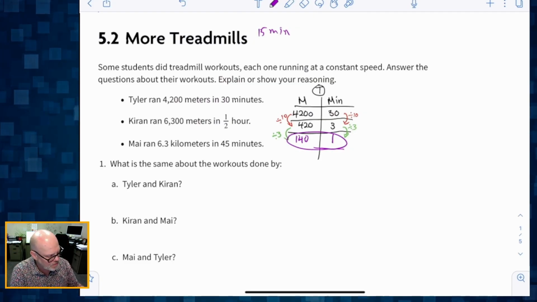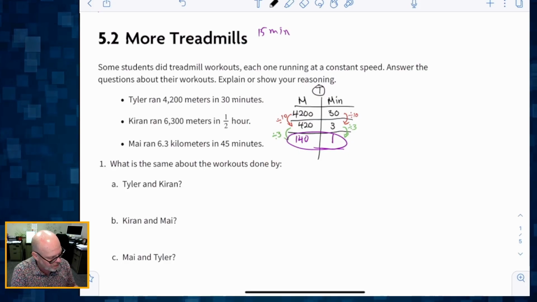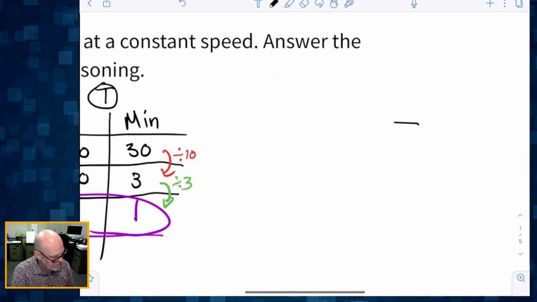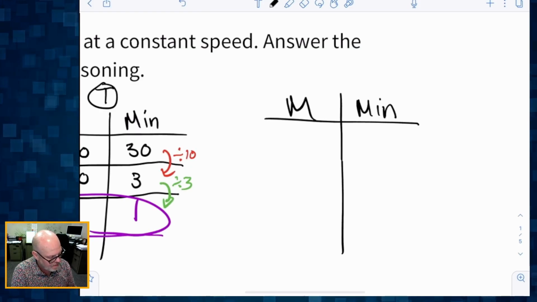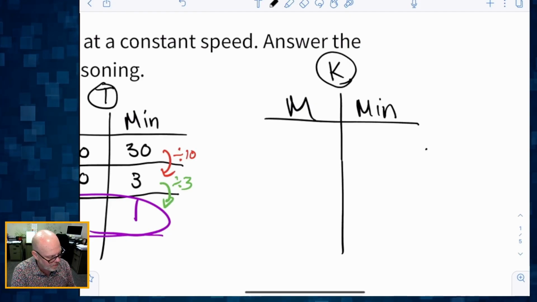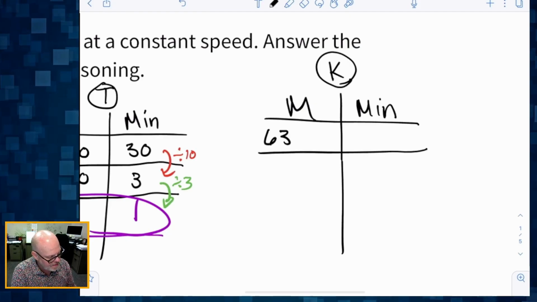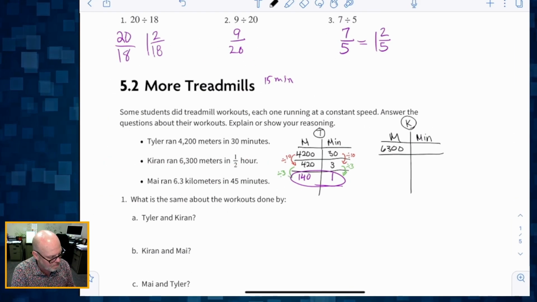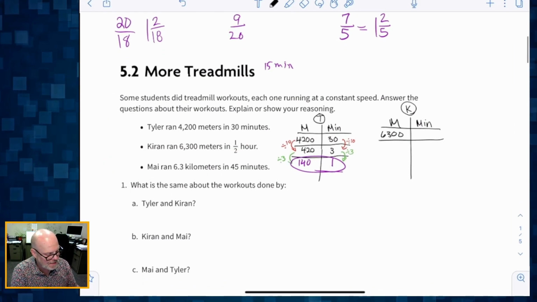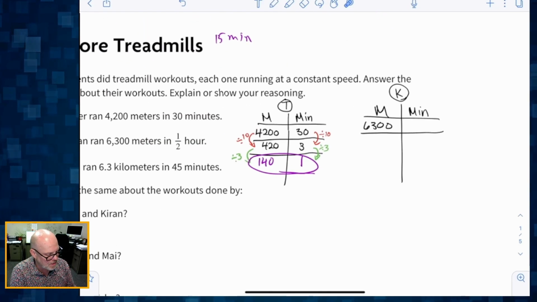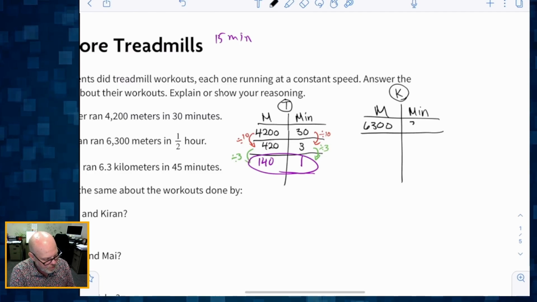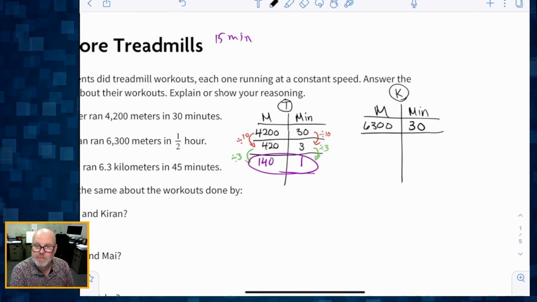So now let's do the same thing, but now we're going to do Kieran. Right here, meters and minutes for Kieran. And Kieran did 6,300 meters. Now it says in a half hour, so I'm going to change that to 30 minutes.